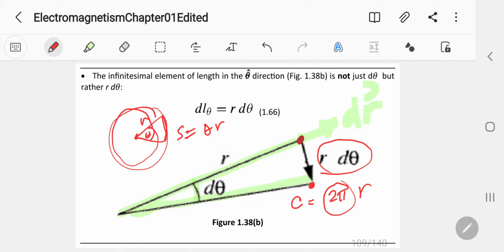So, example: find the volume of a sphere of radius r. Here you have the triple integral, because you have dr, d theta, and d phi.